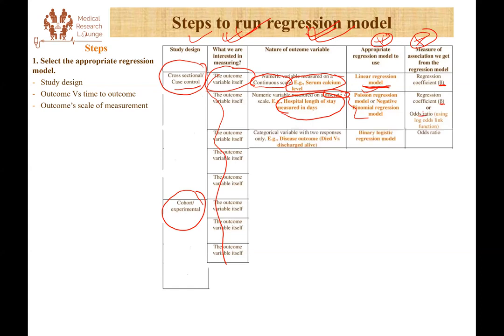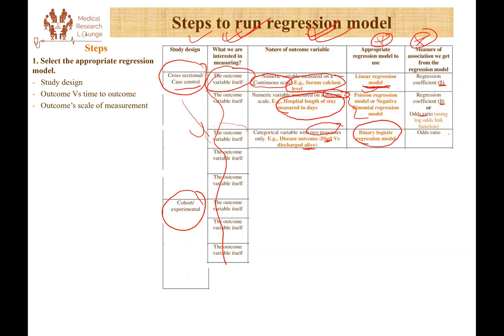The fourth option is when, in this design, while we're measuring the outcome variable in a cross-sectional or case control design, we can have a categorical variable, and that categorical variable could be just two responses. When we have only two responses, for example, for disease outcome, when we have only death or being alive, discharged alive, then we use a binary logistic regression model.